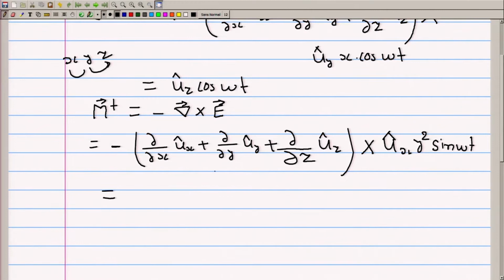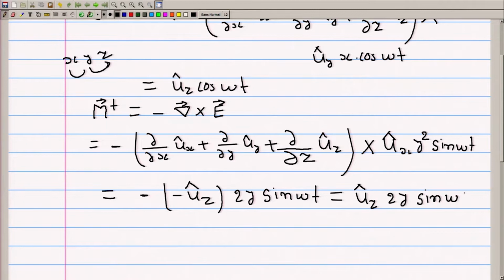So, from the second term it will be minus of minus uz, then del upon del y on y squared gives 2y, and that sin omega t is constant. So, M_t will be uz 2y sin omega t. So, this is the M_t.